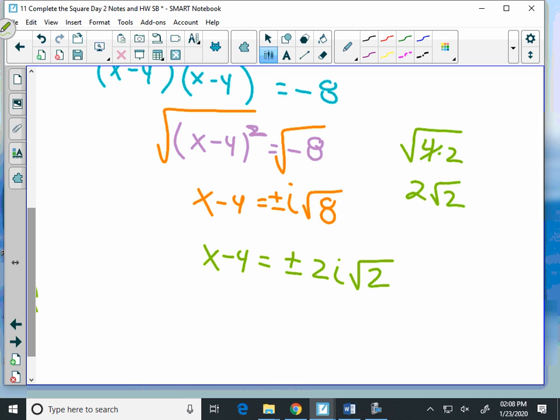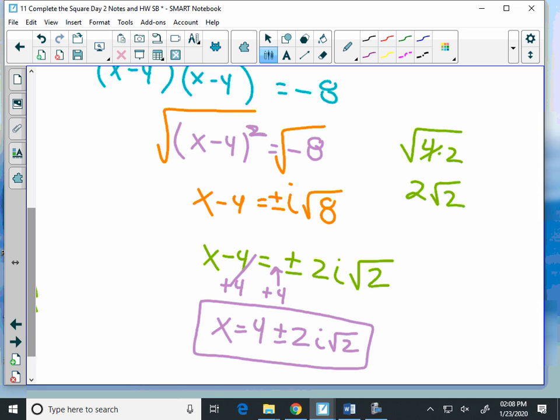Move it over. Or add it. And when we add it, it goes right in front of that plus or minus sign. There we go. That's our answer. Is that one factorable? We have a radical and we have an i. It's definitely not factorable.